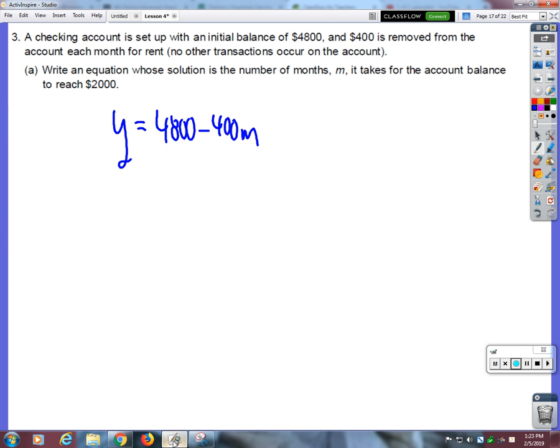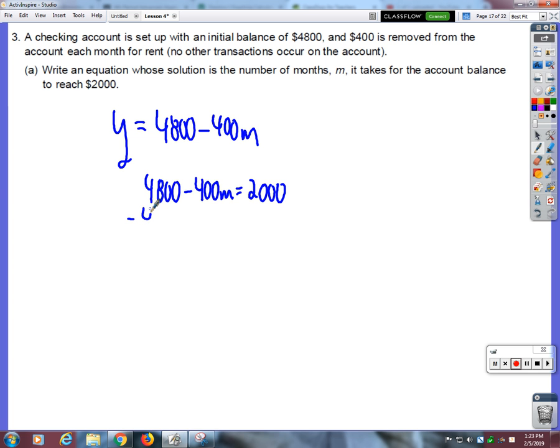What's an equation that we could write to figure that out? So this is my equation, what I want to set this equal to. I want this to equal 2,000. So what do I do now?